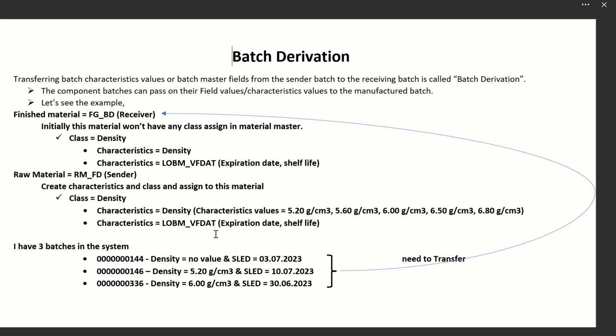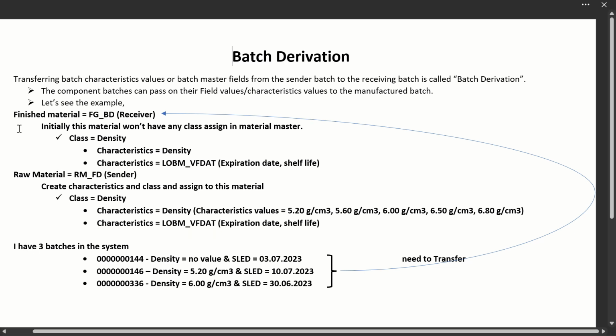Because the raw material is available in the finished product, the same expiry will be applicable to the finished product. This is how I can transfer the expiry date to the finished product, and that is how batch derivation comes into the picture.